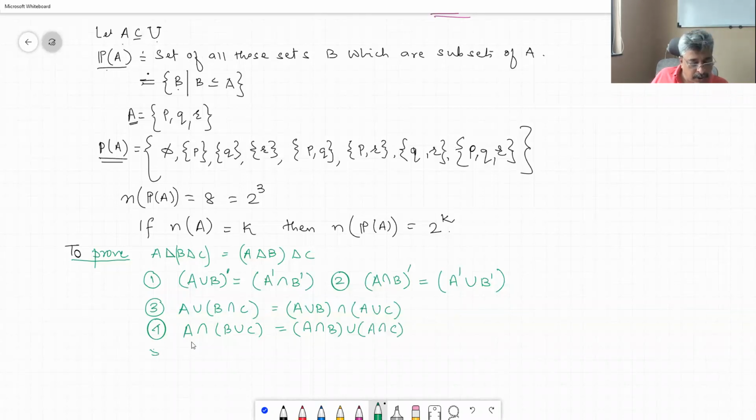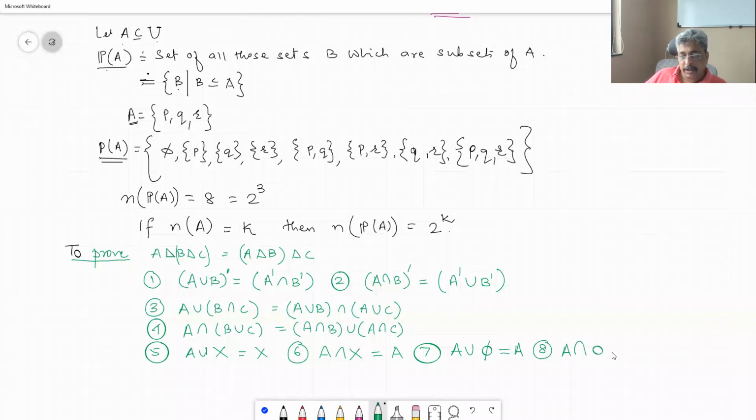Fifth thing that you will require is A union universal set X is equal to X. Sixth thing that you will require is A intersection universal set X is equal to A. Seventh thing that you will require is A union empty set is equal to A. Eighth thing that you will require is A intersection empty set is equal to empty set.